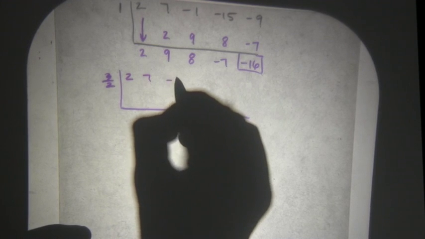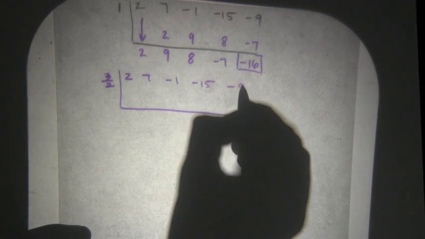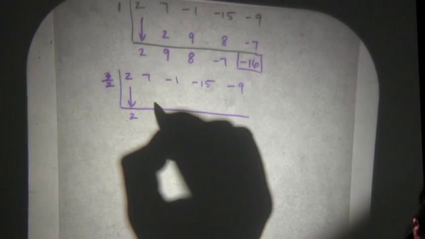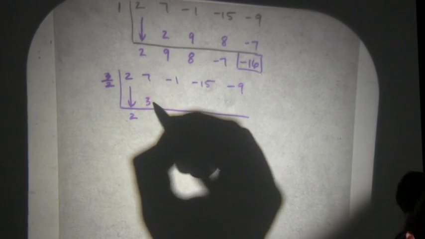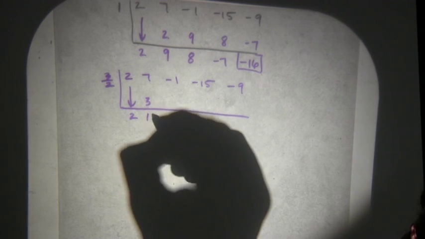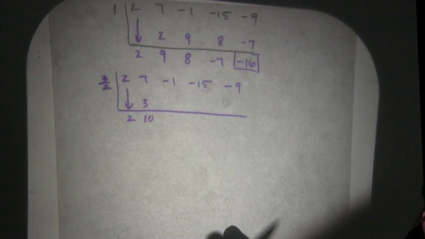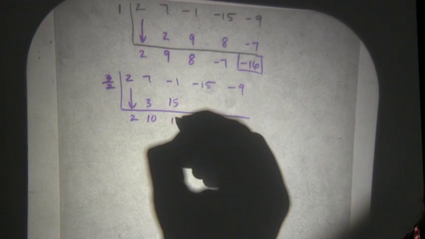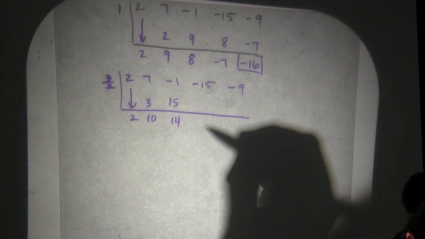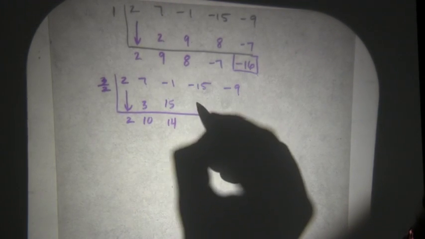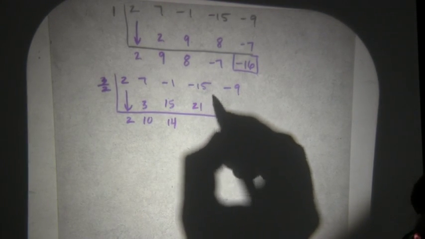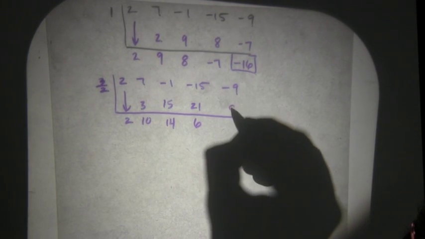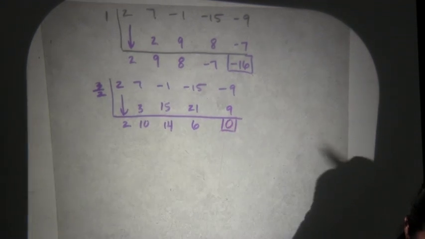2, 7, negative 1, negative 15, negative 9. 2 times 3/2 is 6/2, which is 3, and 7 plus 3 is 10, and 10 times 3/2 is 15, and 15 minus 1 is 14, and 14 times 3/2 is 21, and 21 minus 15 is 6, and 6 times 3/2 is positive 9, and yay, we got a zero.